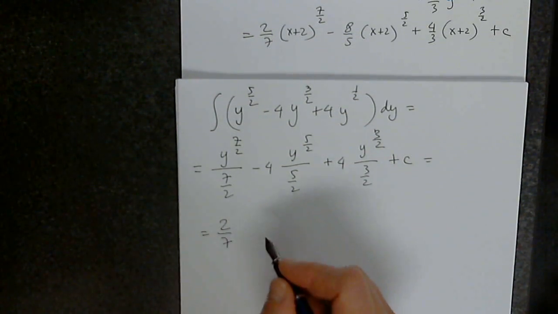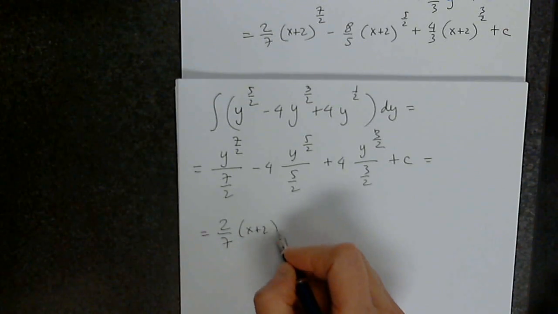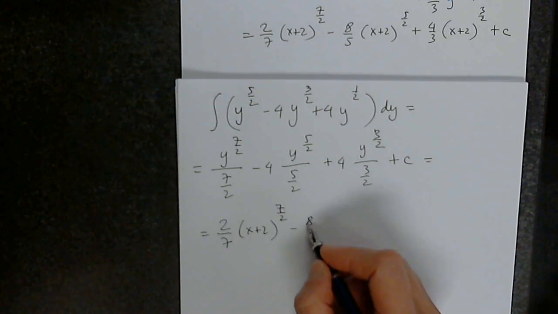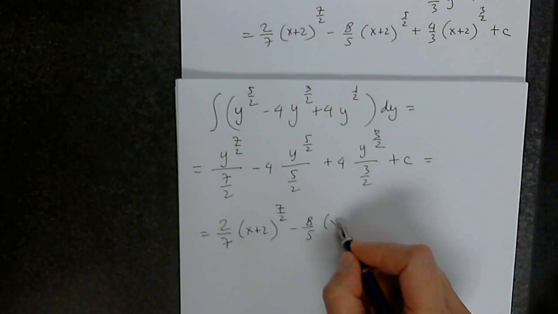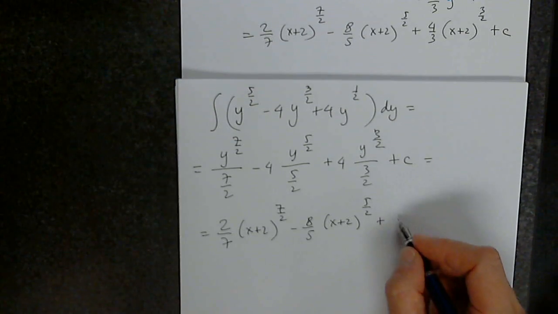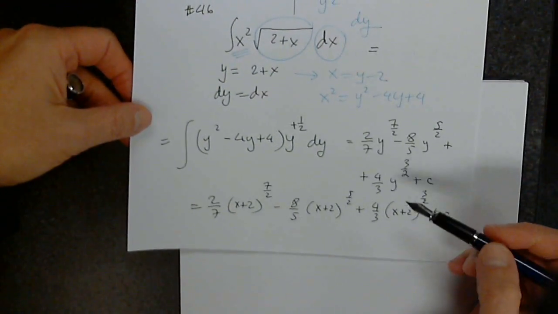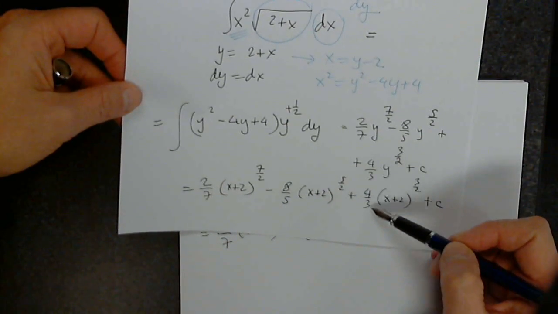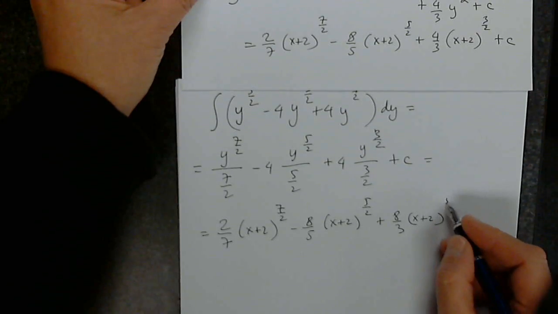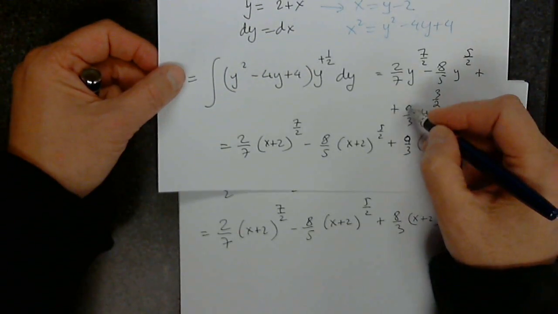So 2/7 times x plus 2 to 7/2 minus 8/5 x plus 2 to 5/2 and plus 8/3. That's the only mistake you had. It's 8/3 here, x plus 2 to 3/2, plus a constant c.